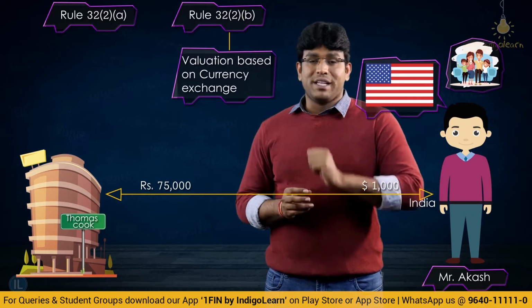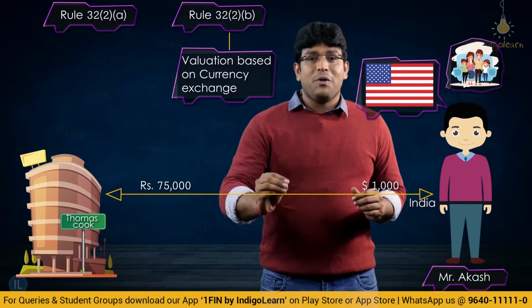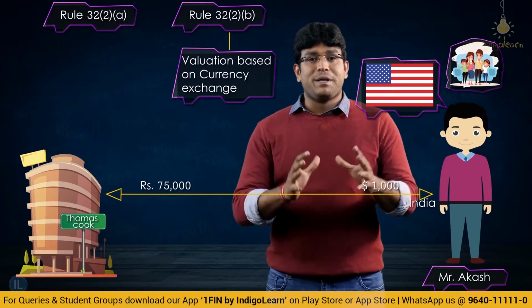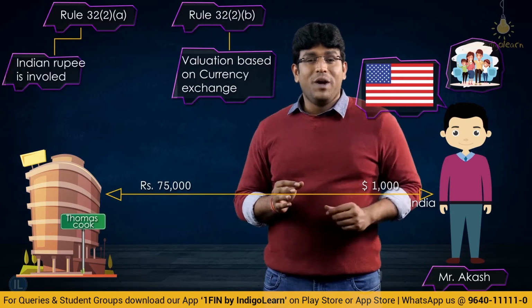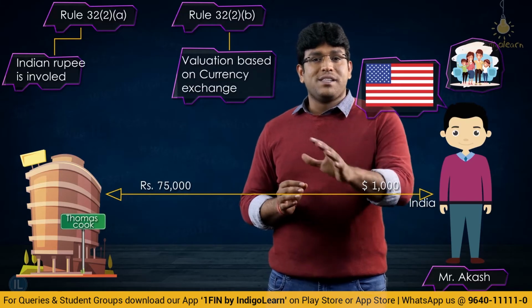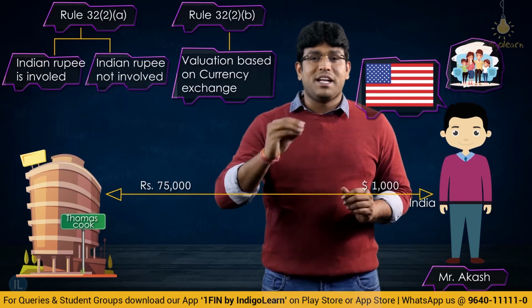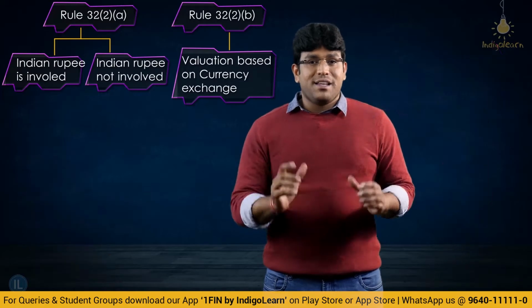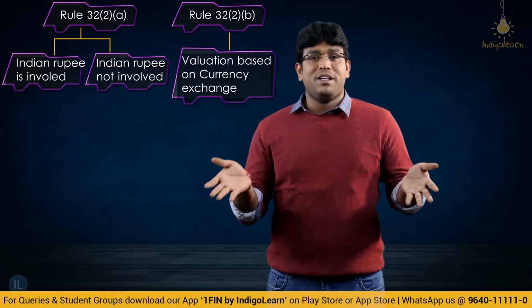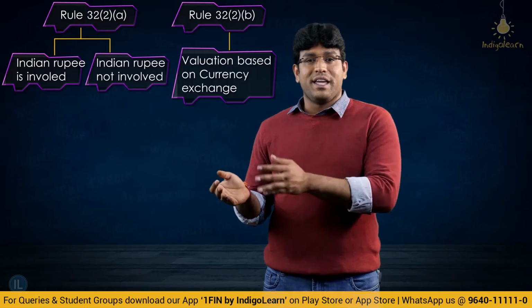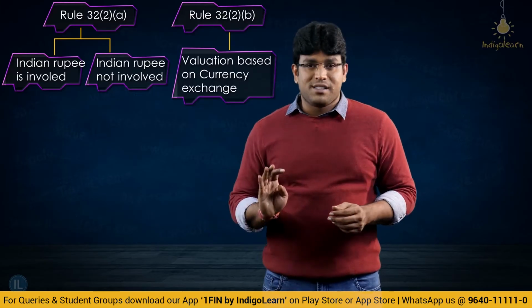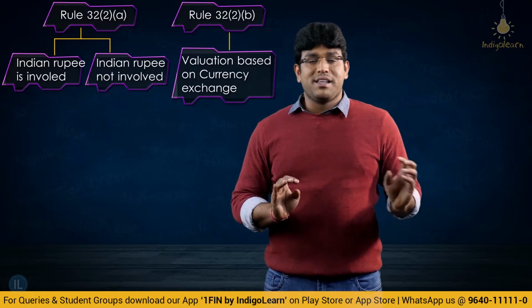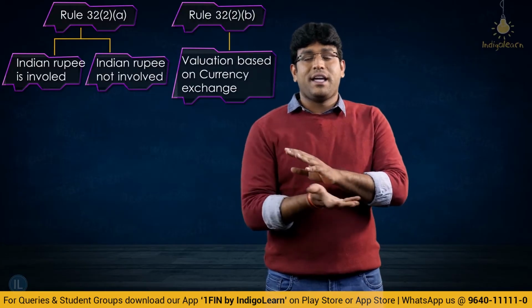There could be two scenarios. Scenario number one, in a transaction Indian rupees is involved. Scenario number two, in a transaction Indian rupees is not involved. What do we mean when we say that Indian rupees is involved? That means there could be a possibility, as we discussed just now, that Akash is giving Indian rupees and taking US dollars. The second possibility is Akash is giving dollars and taking Indian rupees.